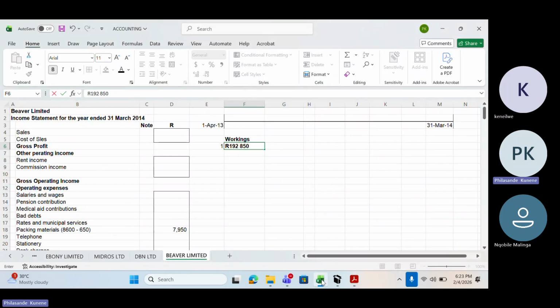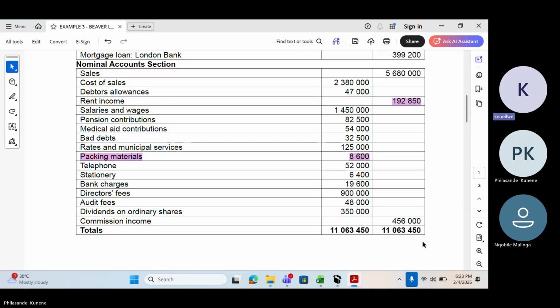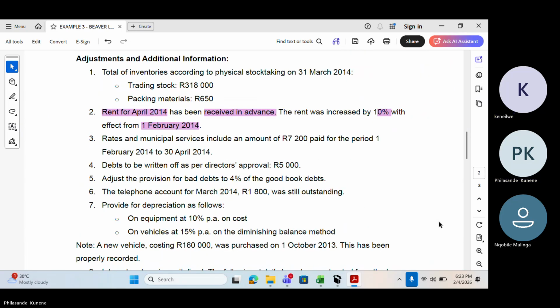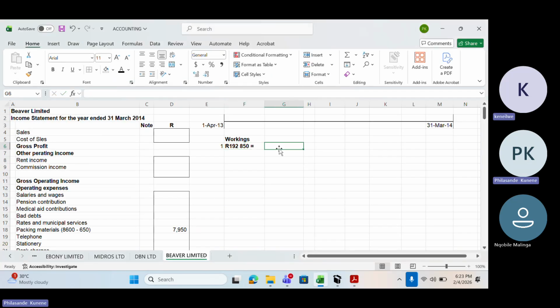Okay, and then can you go back to the transaction? Then you're going to work out the months you received 10%. Can I have 110 times 3? 110 times 3, okay. And then for 10 months, you received it at 100%.